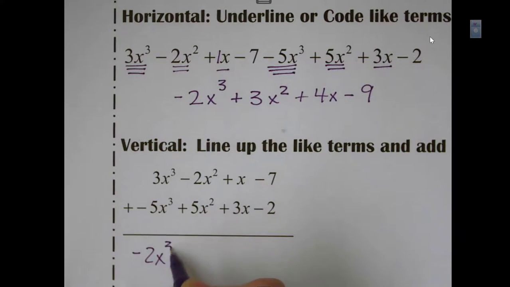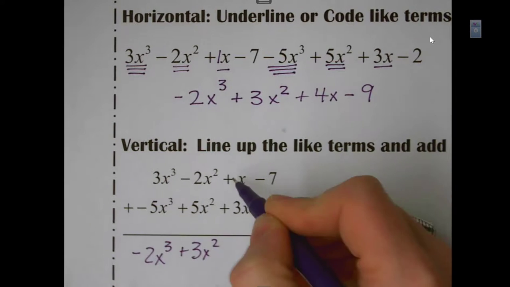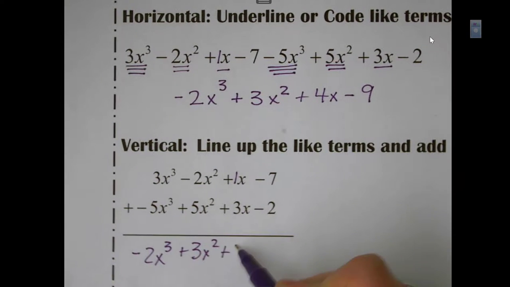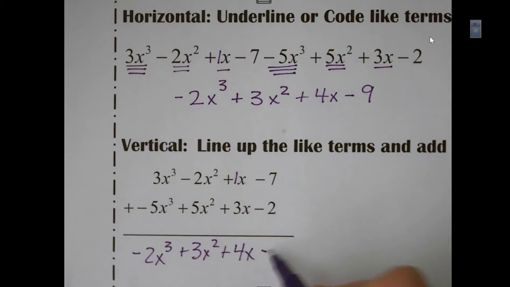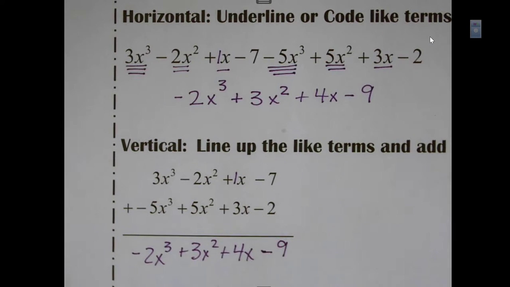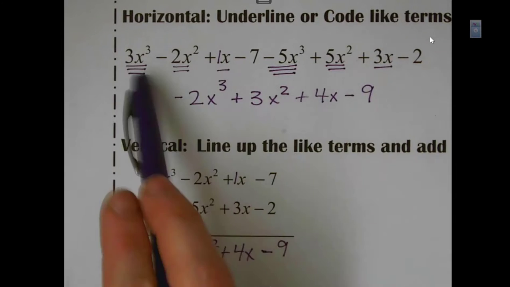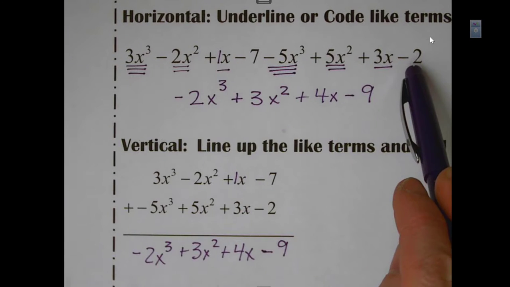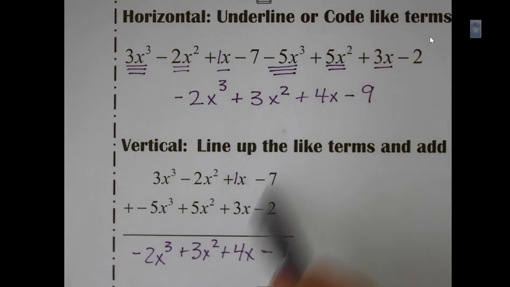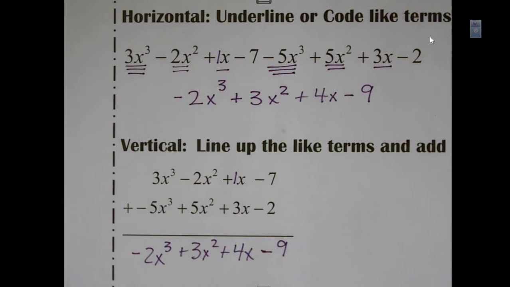So it's just a different way of organizing. Here's my invisible 1. Now notice I should come up with the same exact answer, which I do. So it doesn't matter if you work these out horizontally or if you line them up vertically. You just decide which method you like the best.